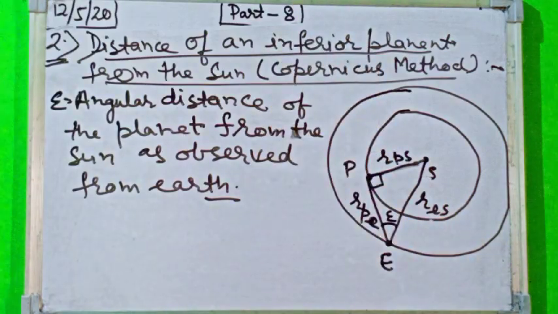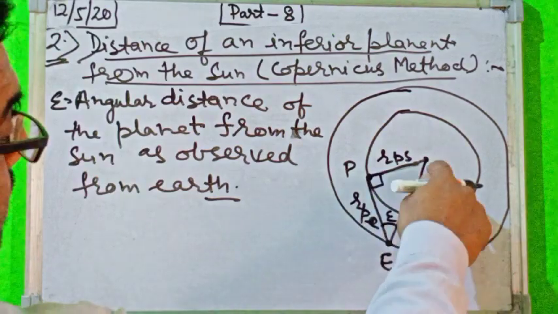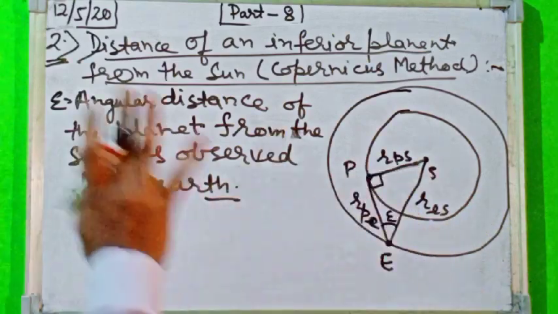In other words, it is the angle between the earth-sun direction and the earth-planet direction.